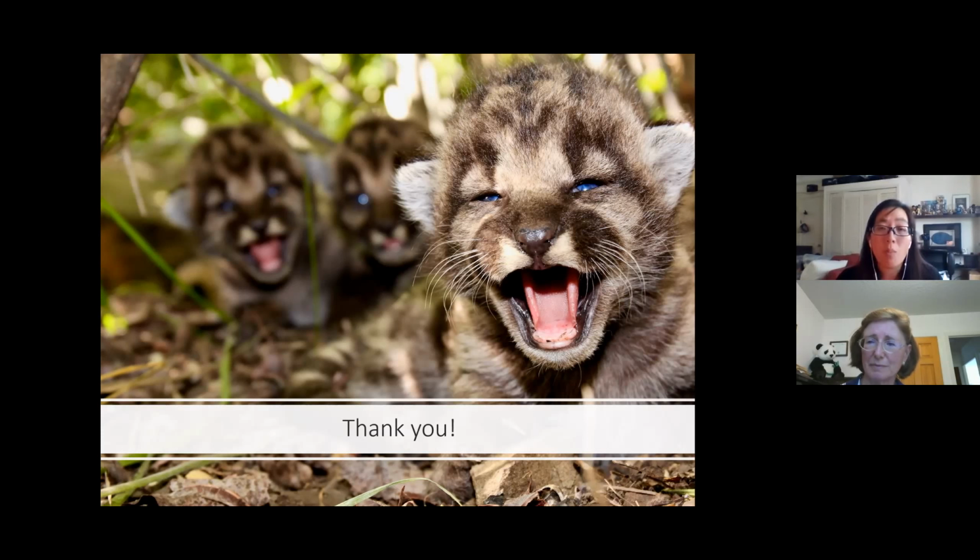We can also upgrade existing potential crossings like culverts. There are a lot of culverts all over. Not all of them are perfect or good for wildlife movement, but some are. We just have to find out which ones those are, and then we can upgrade them.